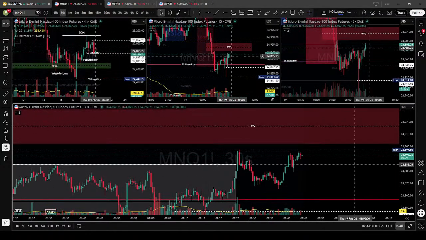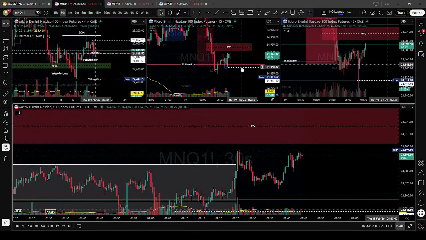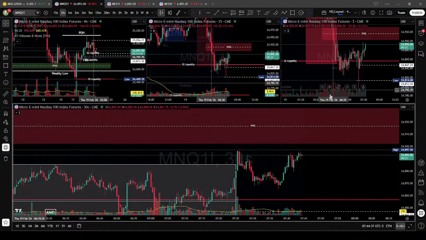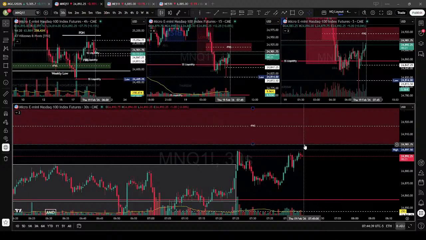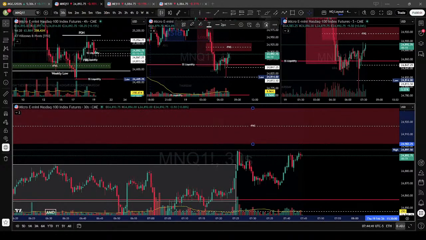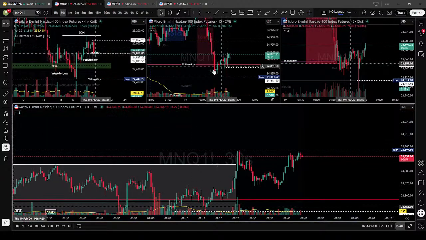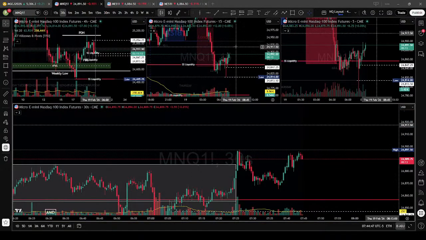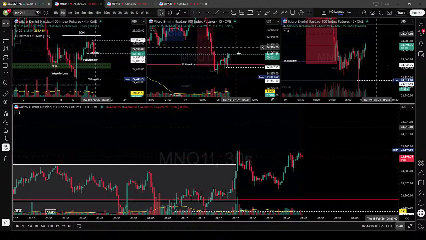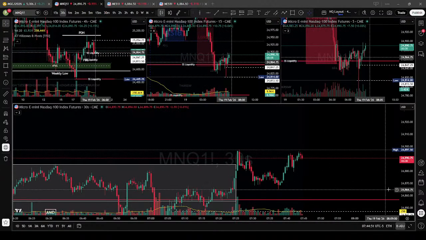And 15 minutes still has not closed up higher. This just indicates that the AMD is still waiting. There is one fair value gap right up here, but it has been tapped into before, so let's just take that out. There's an order block up there. Yep.